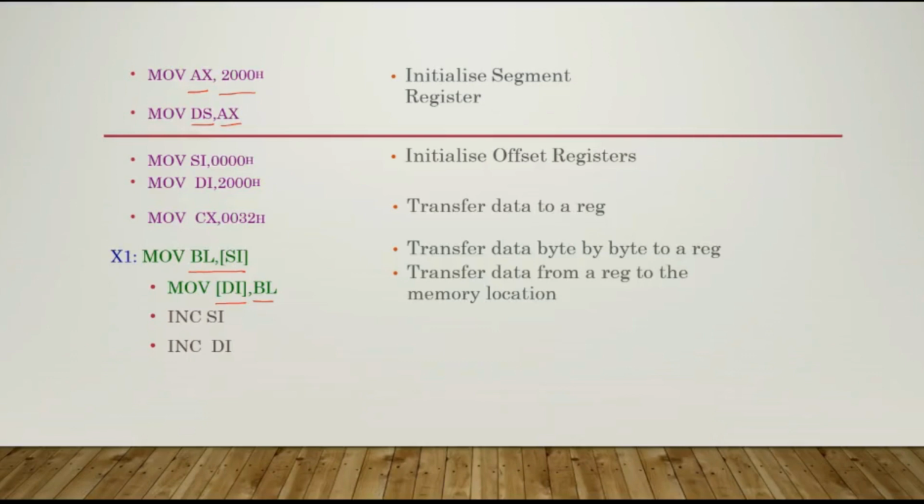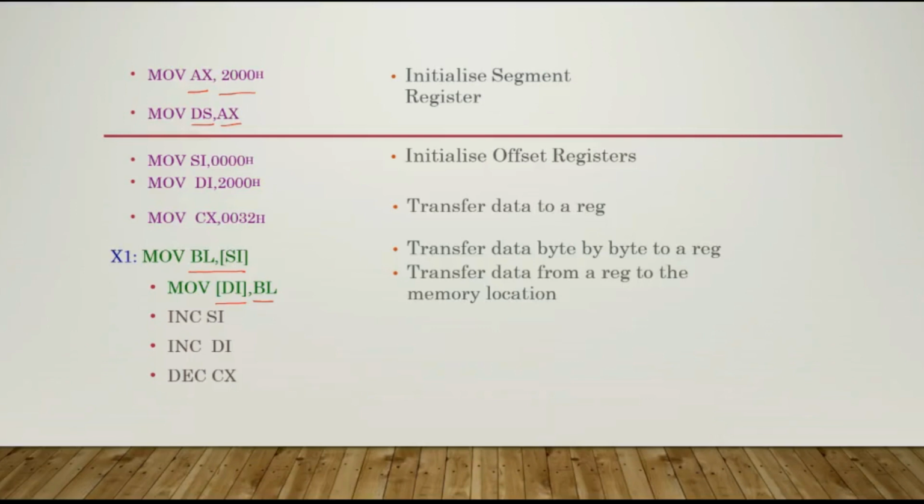And how many data transfers have we completed? We have to decrease our counter by that amount. So here we have completed 1 byte of data transfer, so I should decrease CX. And these instructions will continue until I have transferred the entire 50 bytes of data, or 32H bytes of data, to my destination.